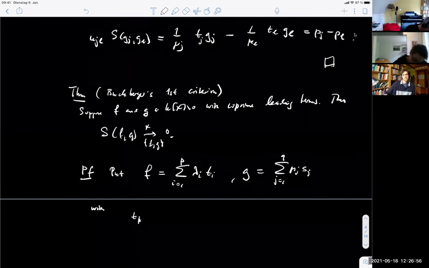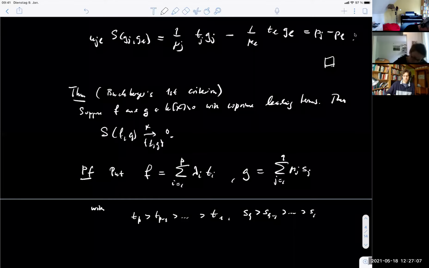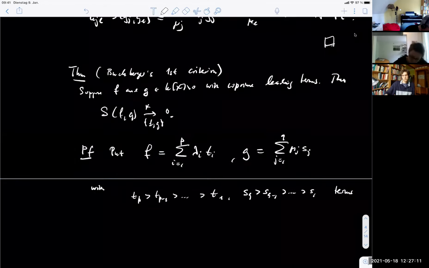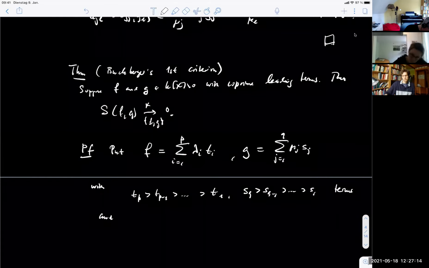So t p is greater than t p minus 1, etc. The same with the s's. Terms and non-zero coefficients. Otherwise, I don't have to write them.